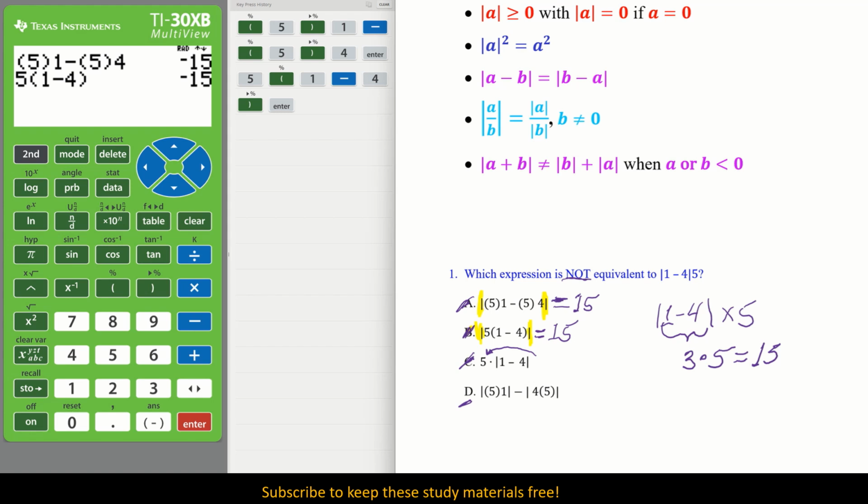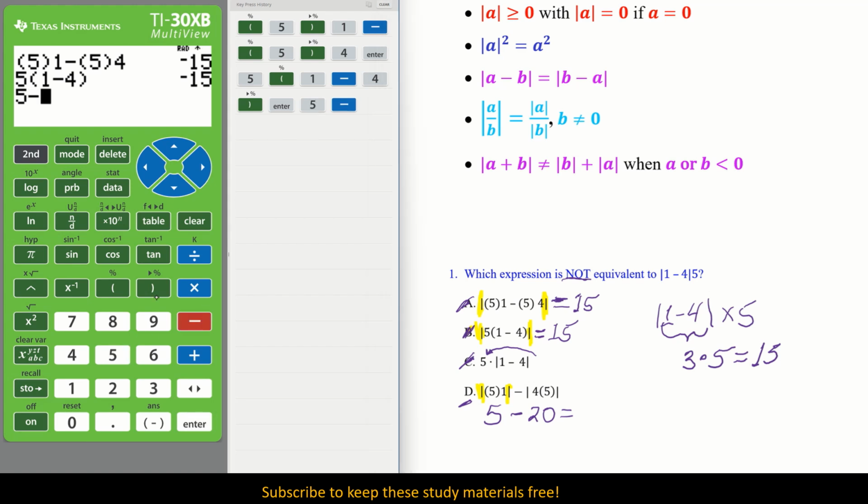Well, 5 times 1 is 5. It doesn't matter in this case because it's positive and all absolute values are positive. So that would just be 5. And then we're going to subtract the absolute value of 4 times 5, which is 20, again just 20. But what does that actually equal? That is 5 minus 20, which is negative 15.